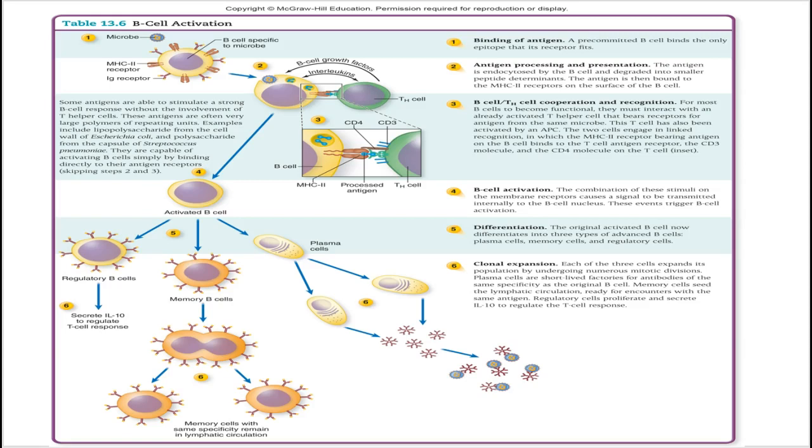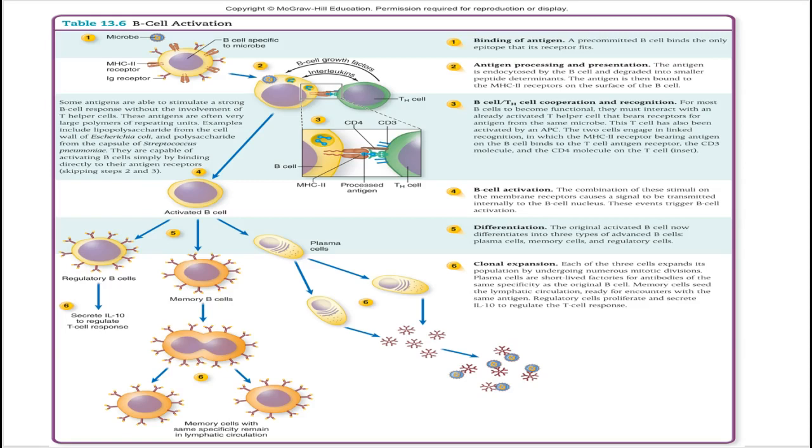MHC2 marker on its cell membrane. And once we have that recognition, or that presentation of the antigen by the MHC2 marker, we're also going to have some recognition by a T helper cell.